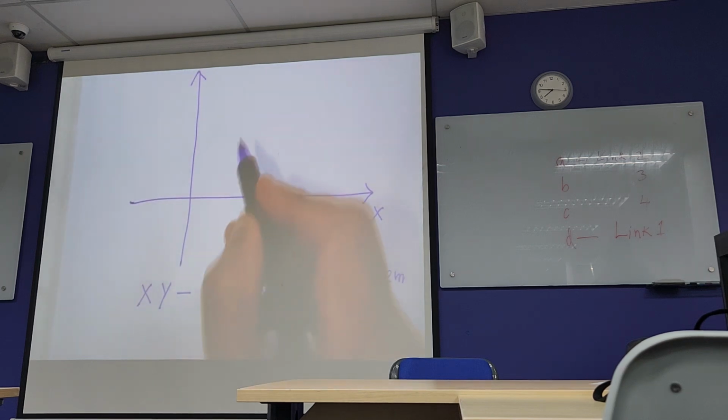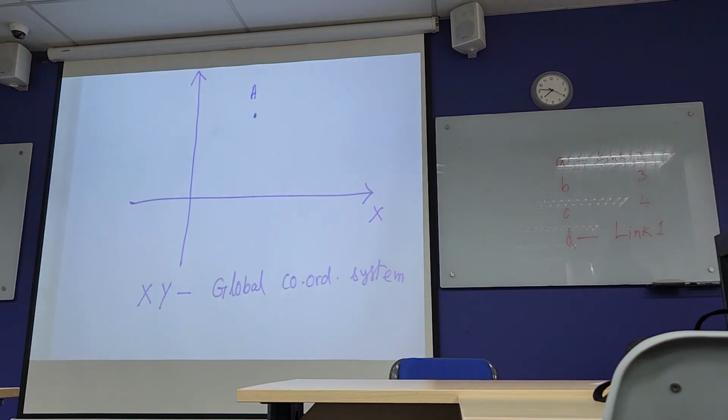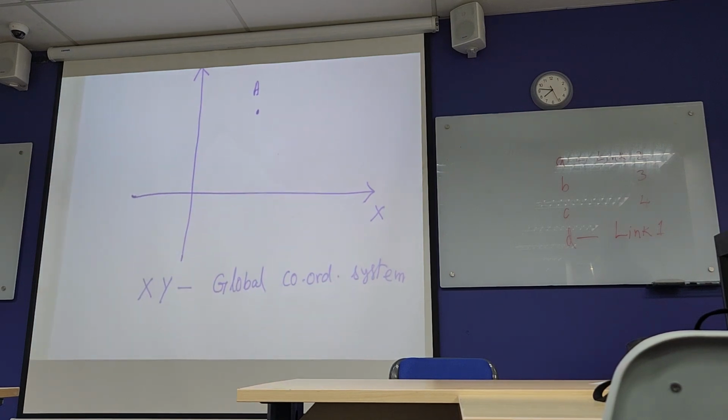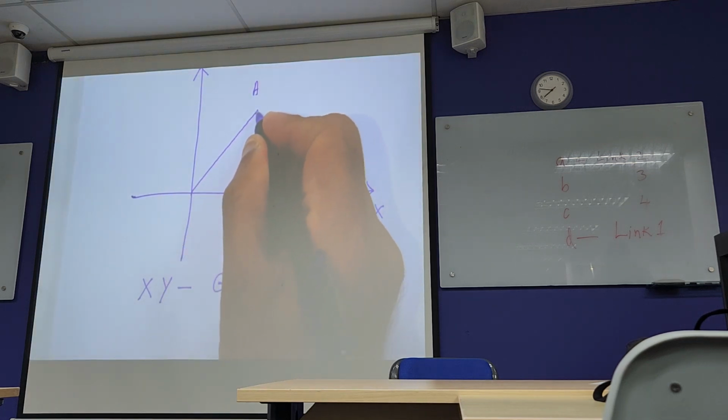Okay, so now with reference to this, I take a point A. Please use your pen and pencil, don't just watch, it helps you, because once you do it yourself, you'll be much better off. So what I'm doing, I'm just identifying the point.